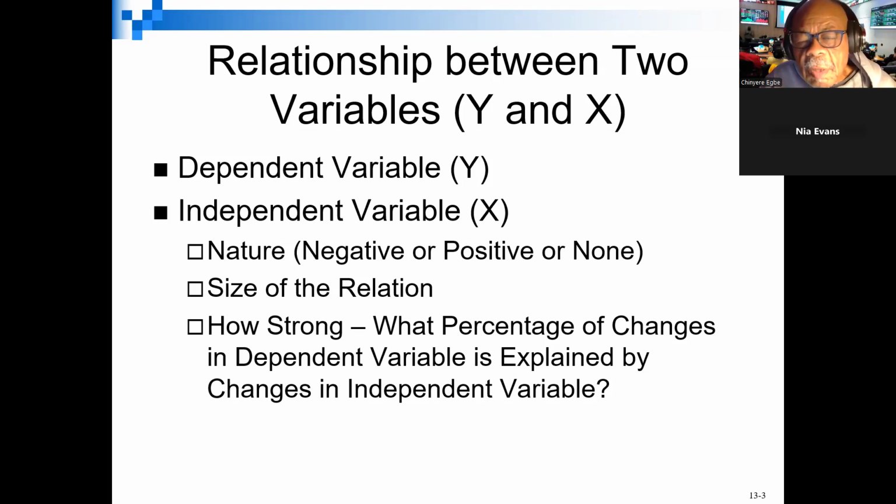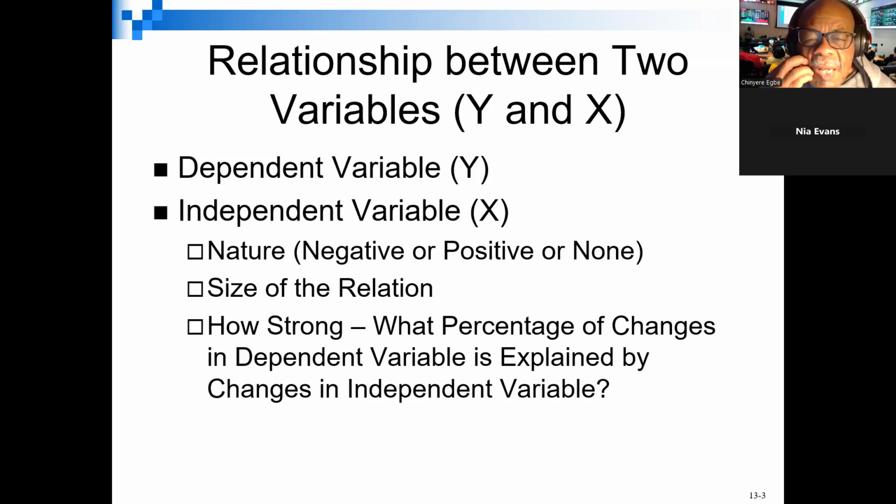For example, if you look at how much a family spends on food and the number of persons in that family, the more people you have in a family, the more money they spend on food. That is a positive relationship, because the higher the value of the independent variable, the higher the value of the dependent variable. Now think about the relationship between the distance that you travel in your automobile and the amount of gas that is left from the time you started to travel.